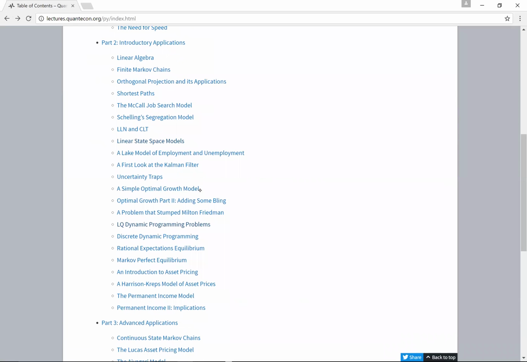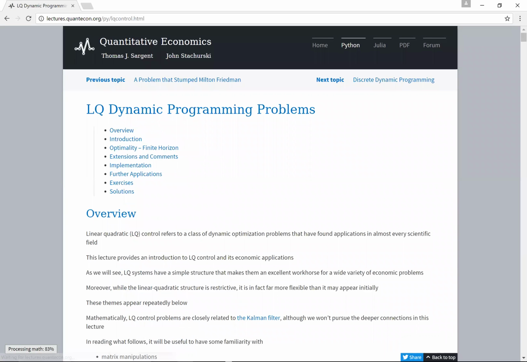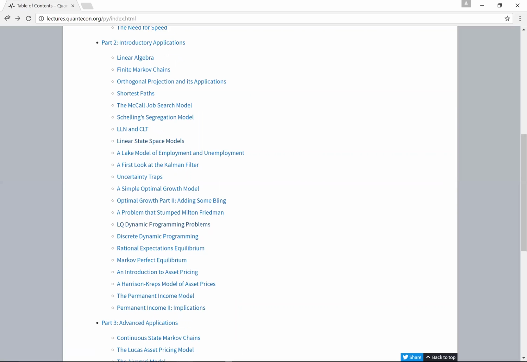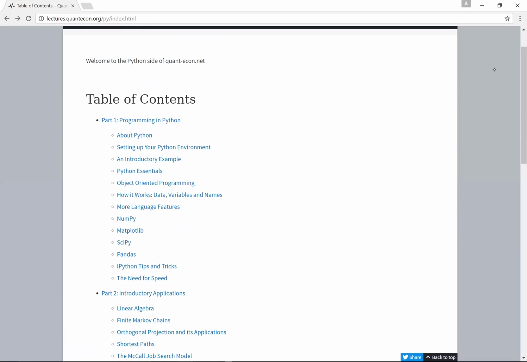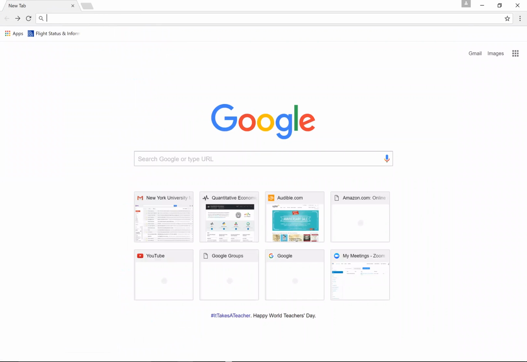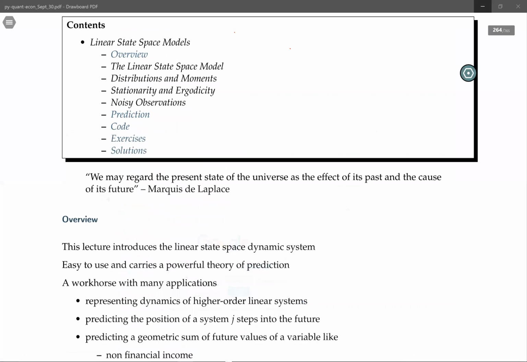If I come over here later on, I'm going to talk about linear quadratic dynamic programming. That's the second. So you can find everything that I'm going to be talking about there, these two things. In addition, if you want a PDF of this, I'm just going to be marking up the PDF of this. So that's my source for today's lecture.